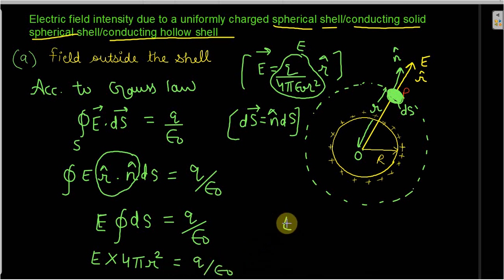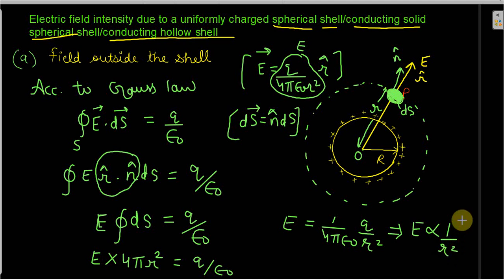So here the electric field will be equal to 1 by 4 pi epsilon naught, q by r square. Which implies the electric field is inversely proportional to the square of the distance, and this is outside the shell.